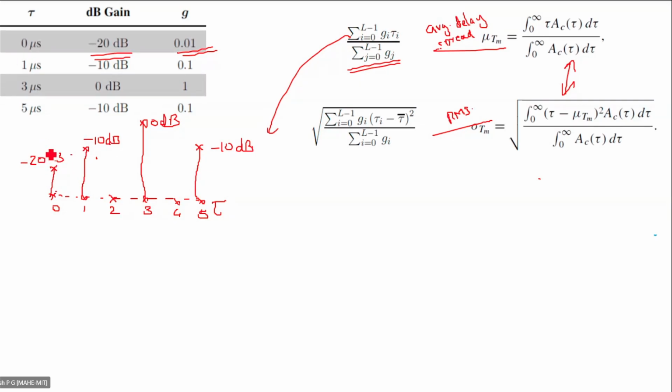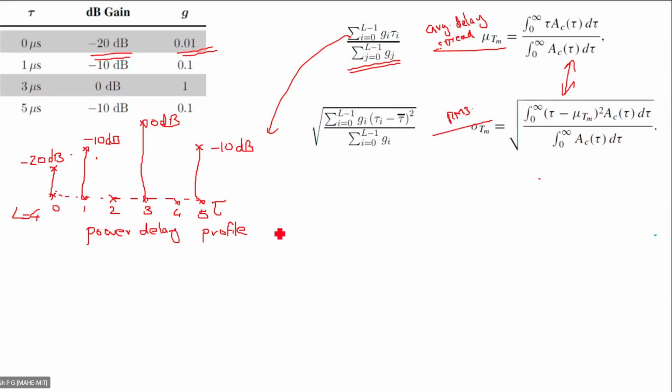Okay, so these are the components. You have 4 components, that is L is equal to 4. One is minus 20 dB, another is minus 10 dB, then 0 dB and minus 10 dB. So this is how you draw a power delay profile.